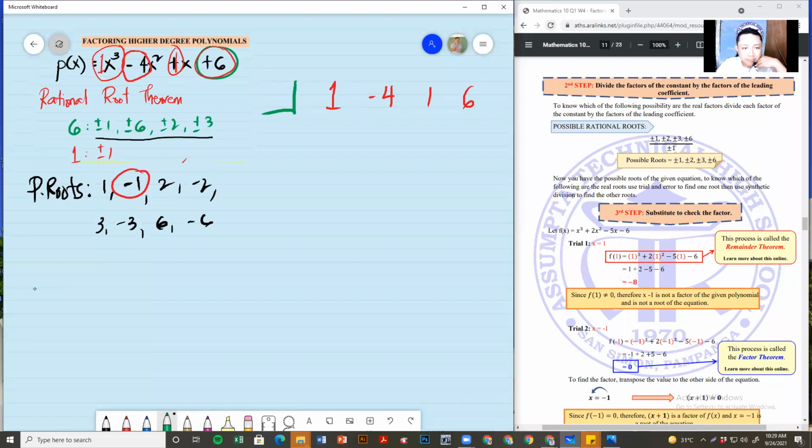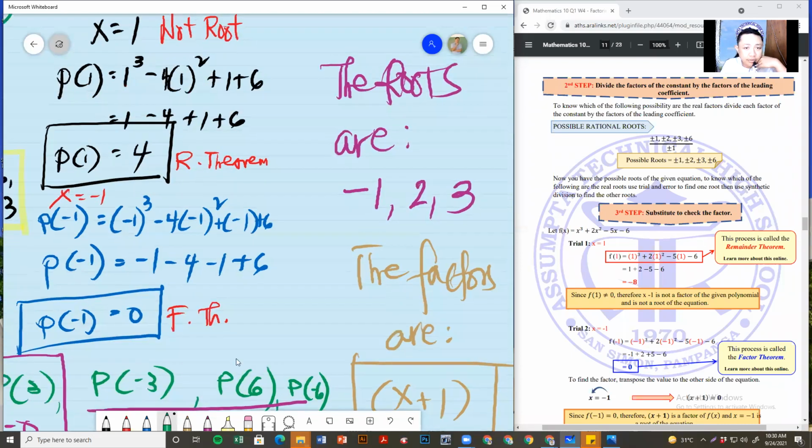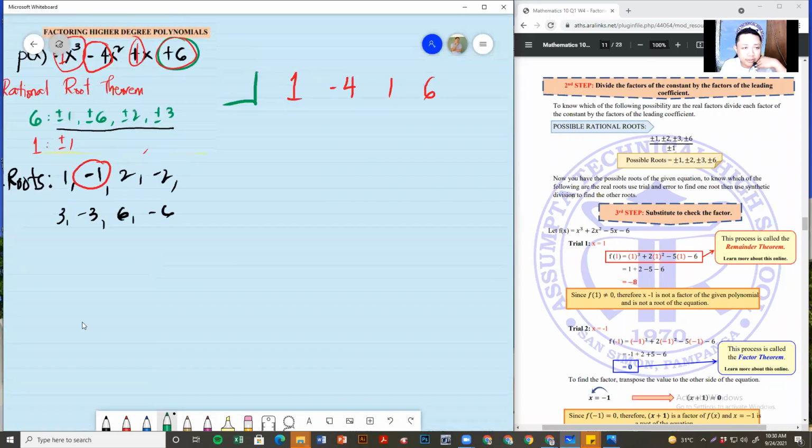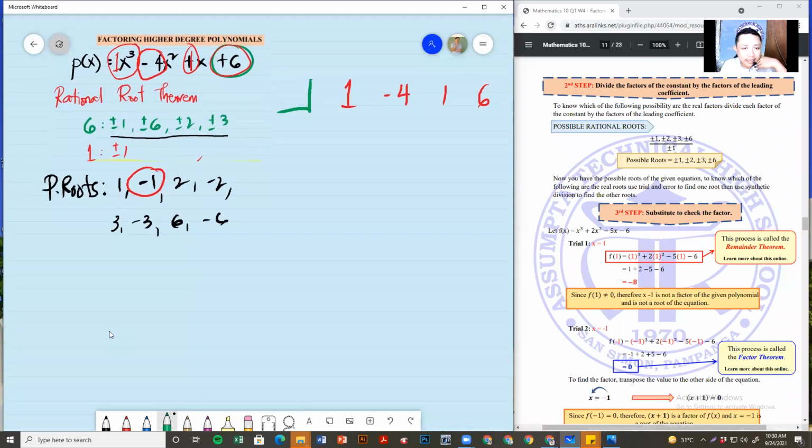Automatically, let's move on to negative 1 na because we know naman that 1 is not. And it will end up with a remainder which is 4. Okay? So automatically, let's already try the negative 1. But of course, kasi alam na natin na negative 1 will be the first value. So para lang mapabilis yung process natin. So we have here negative 1.